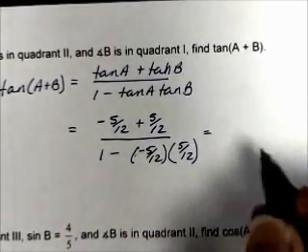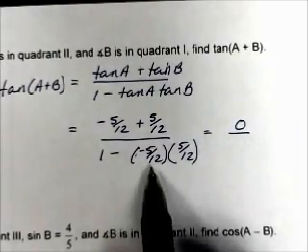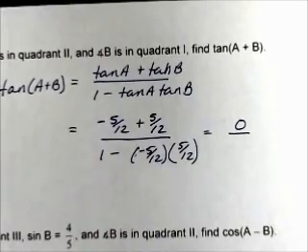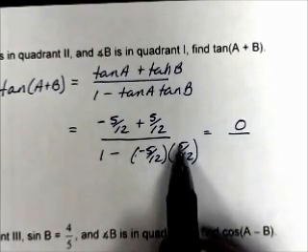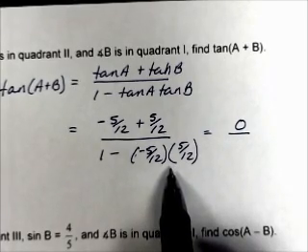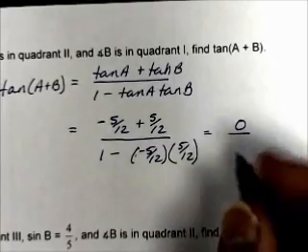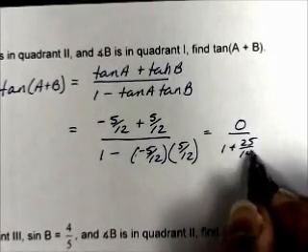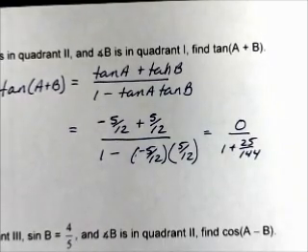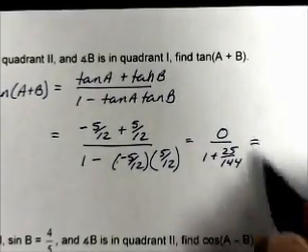Okay, so this is equal to 0 over, doesn't quite matter, it's going to equal 0, but just for practice, this would be negative 25 over 144, and the double minus a negative would be a plus, so this would be 1 plus 25 over 144. 144 plus 25 is 169 over 144.